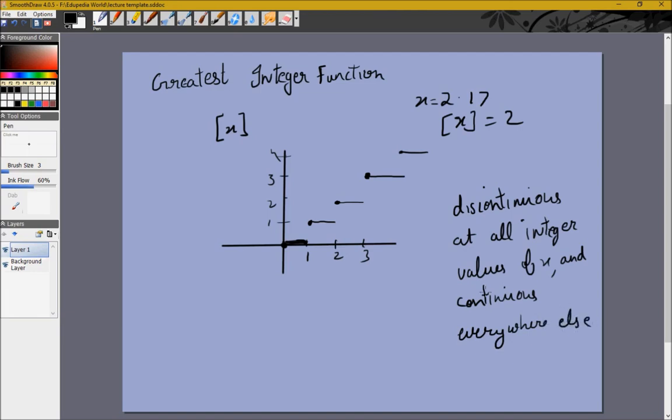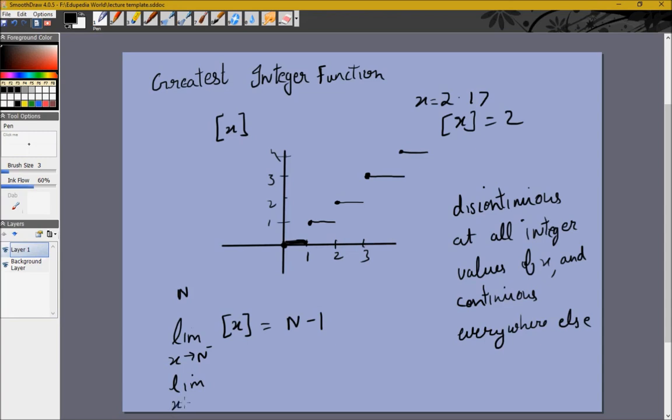But let's try to do it practically. So let's say we calculate it about n, which is an integer. n could be 2, 3, 5, 7, whatever. Then limit x goes to n minus greatest integer of x will be, so if n is, let's say, 3 or any integer, then just before that the greatest integer will be 1 less than that. So this will be n minus 1.